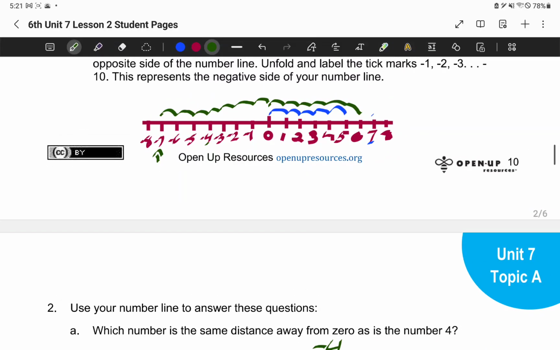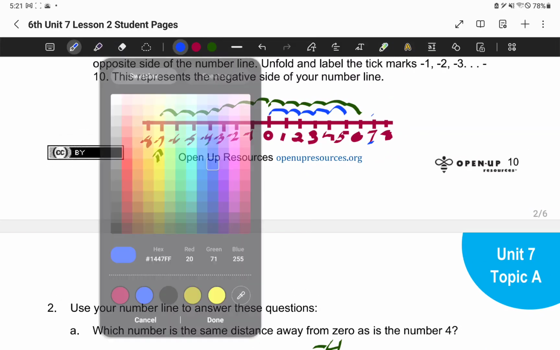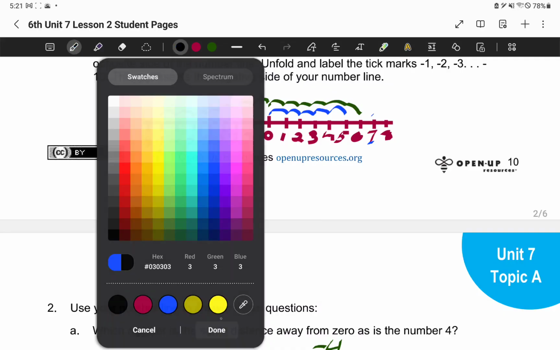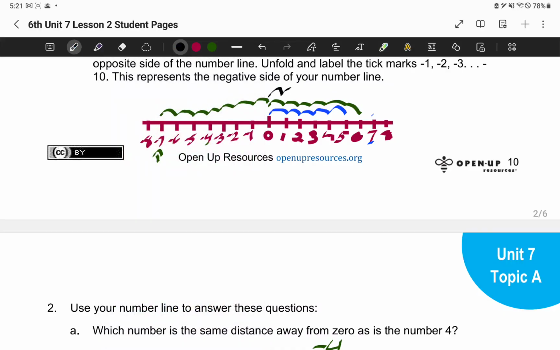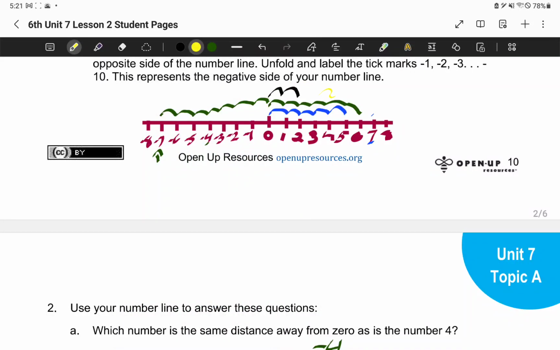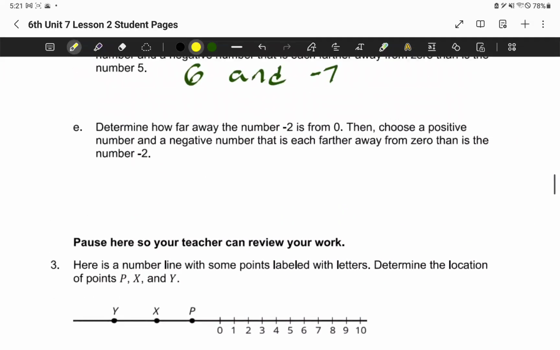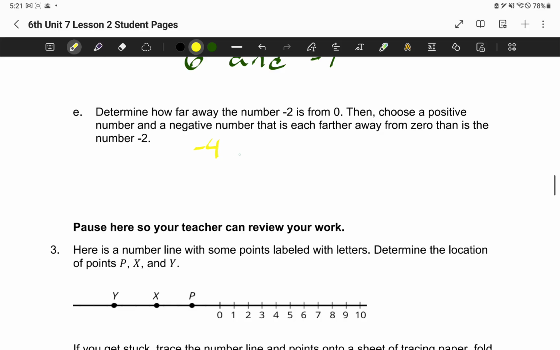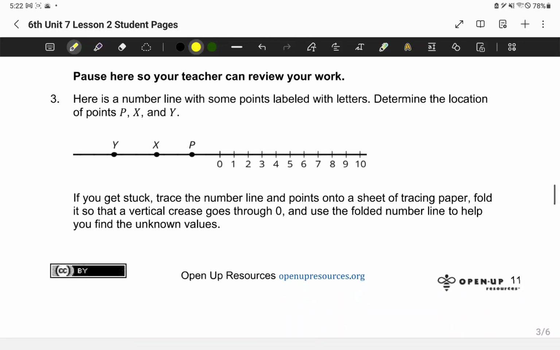Well, 2 is, let's choose another color. 1, 2 away. So 1, 2, 3. 1, 2, 3, 4. So -4 and 3.